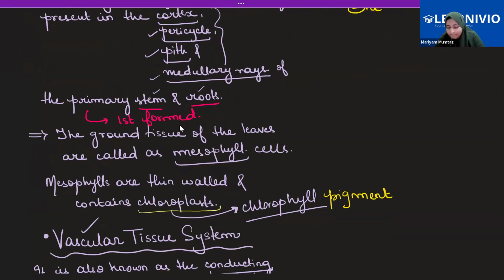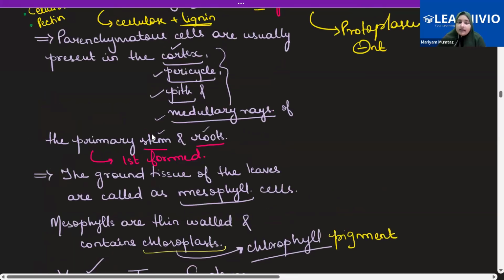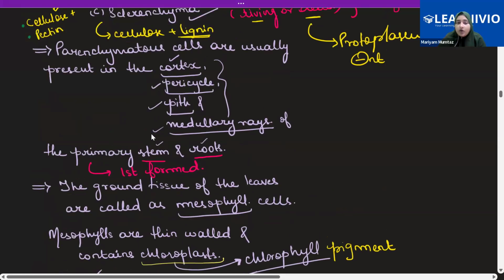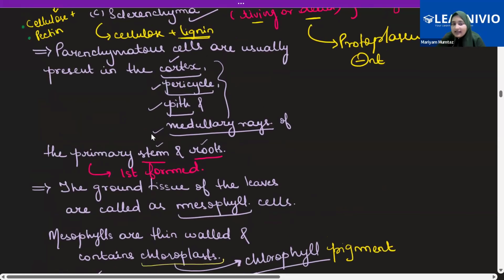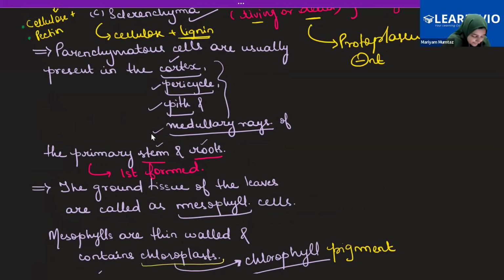It's there, ma'am. Let's see. When we talk about the cortex and the pericycle, these are areas that are found in the stem and found in the root.